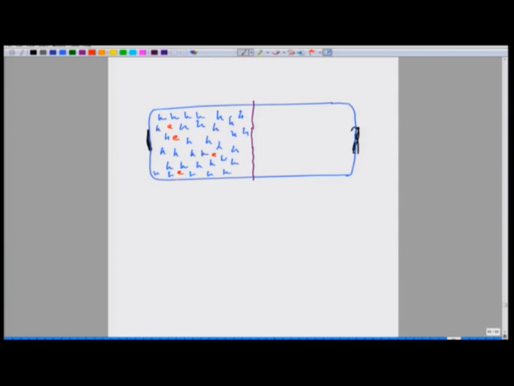Remember, Ne into Nh is equal to Ni square. So, these holes are the majority carriers on this side, electrons are the minority carriers on this side.